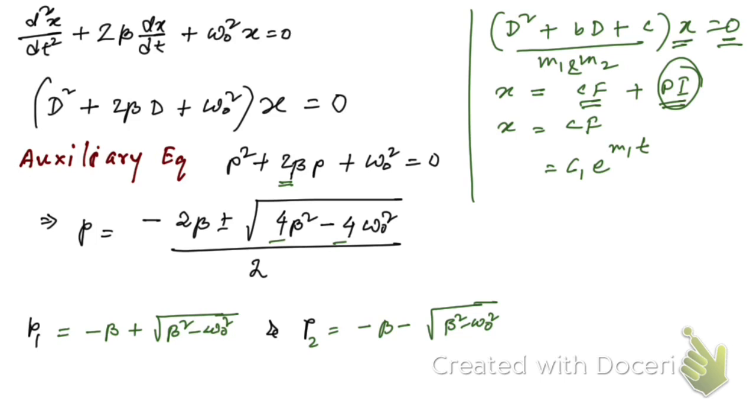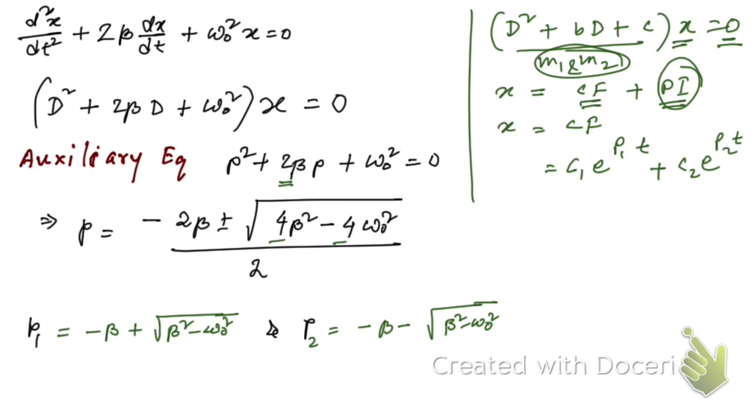So c1 e to the power m1 t plus c2 e to the power m2 t, and it may take different forms depending on the nature of this m1 and m2. Okay, so here instead of m1 and m2 we have p1 and p2.